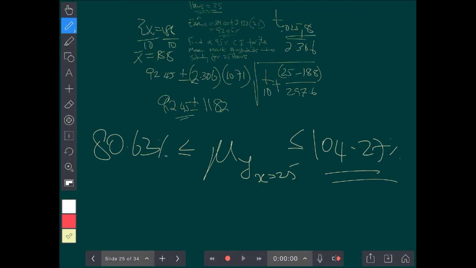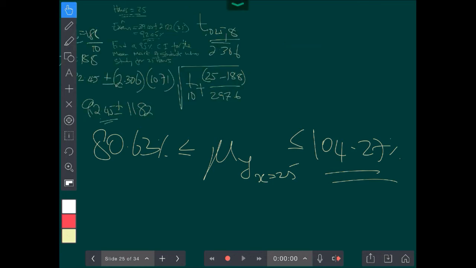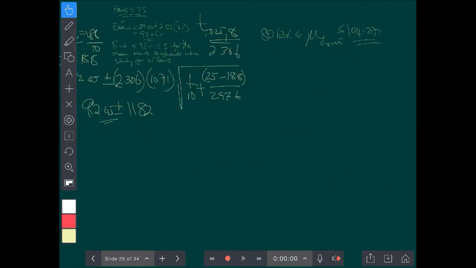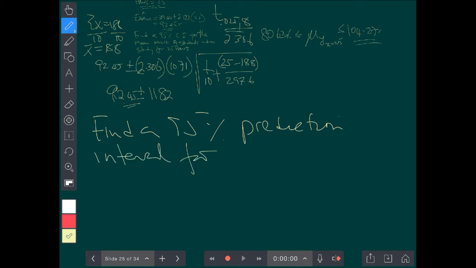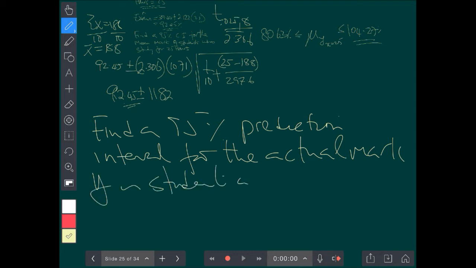So find a 95% prediction interval for the actual mark of a student who studied for 25 hours.